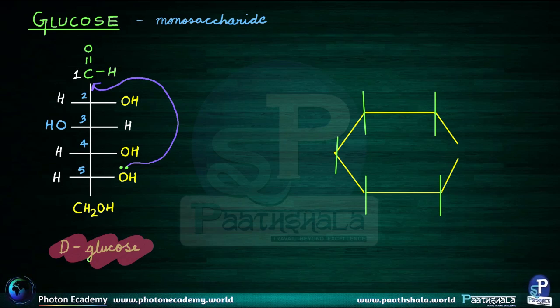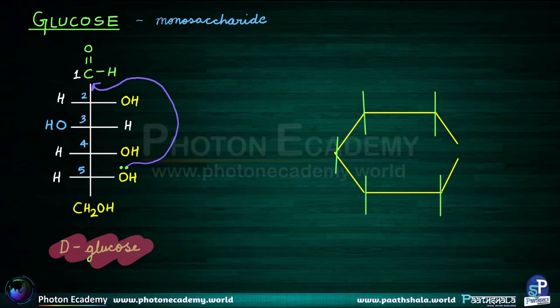Why am I doing that? Because now I'm done with the open structure of glucose, and I want to draw the cyclic structure, or the closed structure, of glucose. I notice two functional groups: this CHO group at the top, and this OH group. I make the lone pair of OH attack the carbon of the aldehyde to form a cyclic ring.